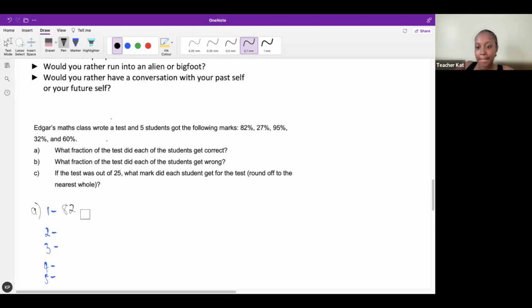Percent means out of what? Percent means... nice, Caden. 82 out of 100. Now let's simplify it. If I divide both by 2, it's going to be, it's not 42, be careful.